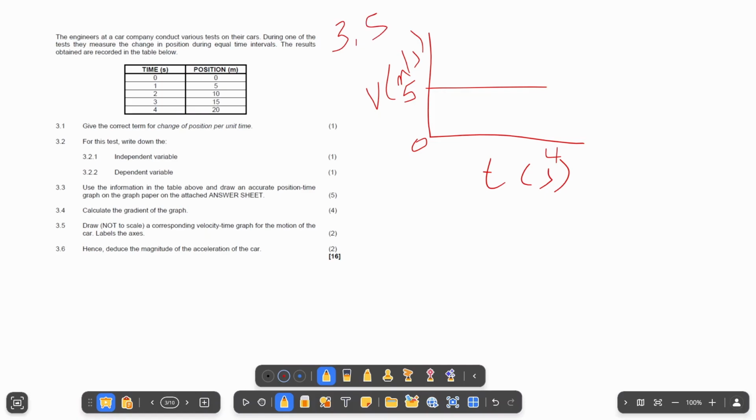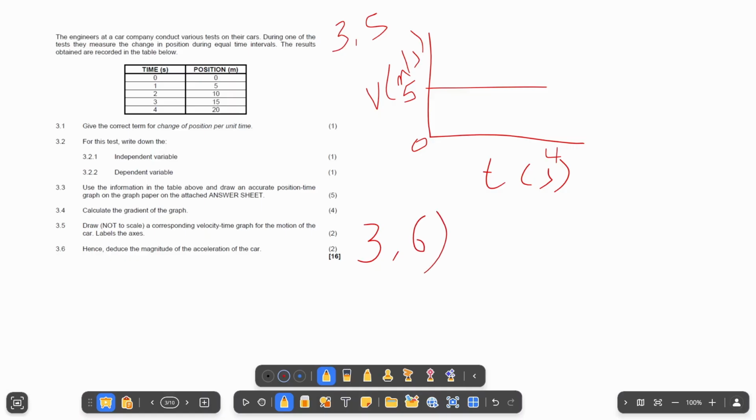We are going to 3.6. They say hence deduce the magnitude of the acceleration of the car. They want us to deduce the acceleration. What is the acceleration of this car? Now we have to think, what is acceleration? Acceleration is the rate of change of velocity. It means for there to be acceleration, the velocity must change.